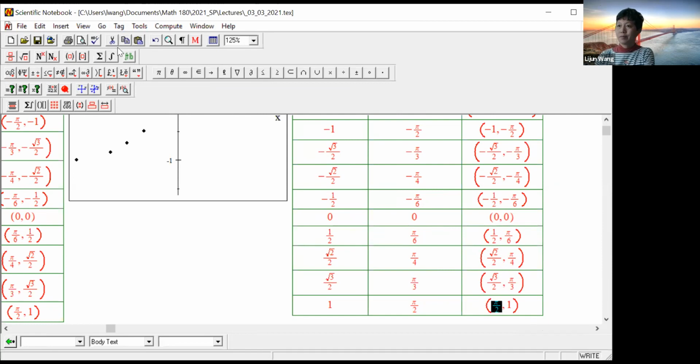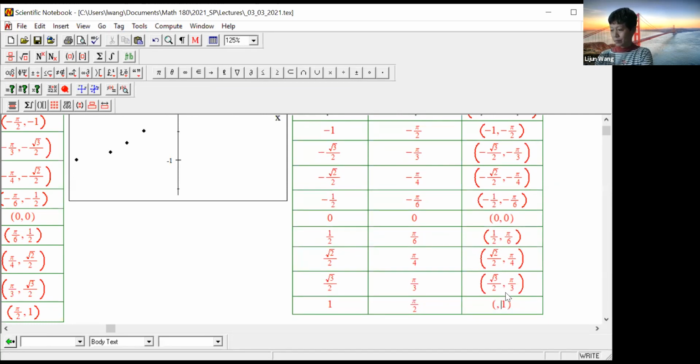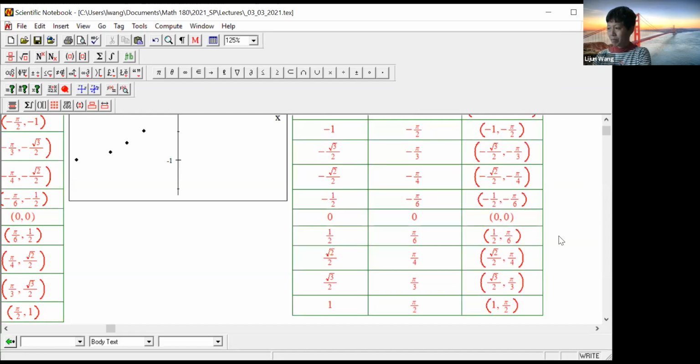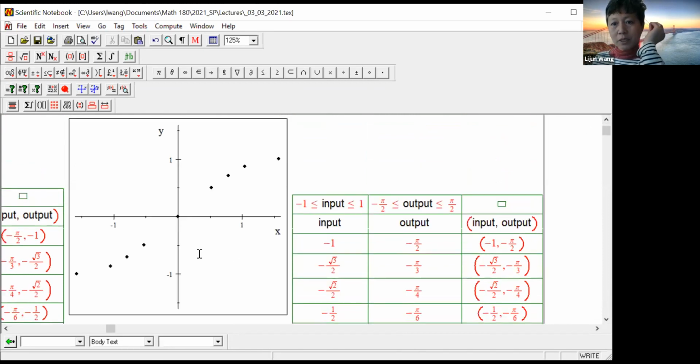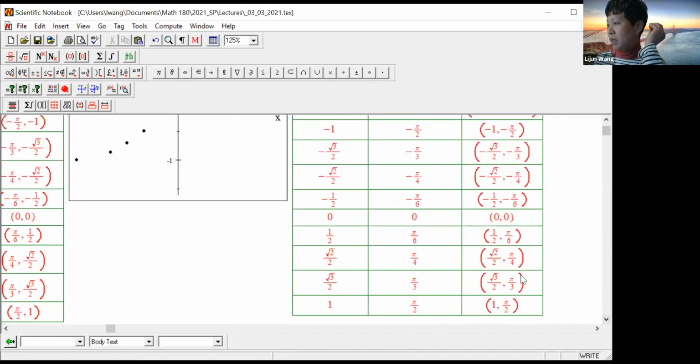Ah, we're done. Okay, do you follow me? Could I see that you guys can plot these points? Still input output in the same rectangular system, okay? So we're gonna plot these in the same rectangular system.